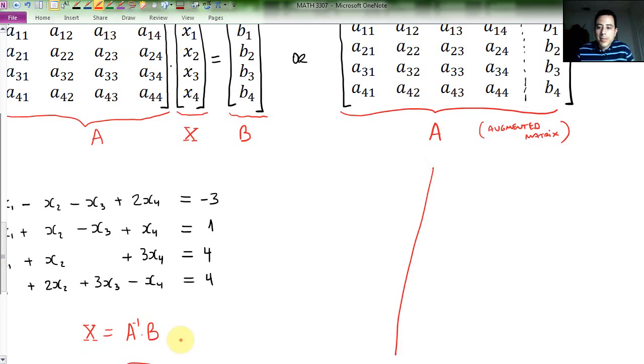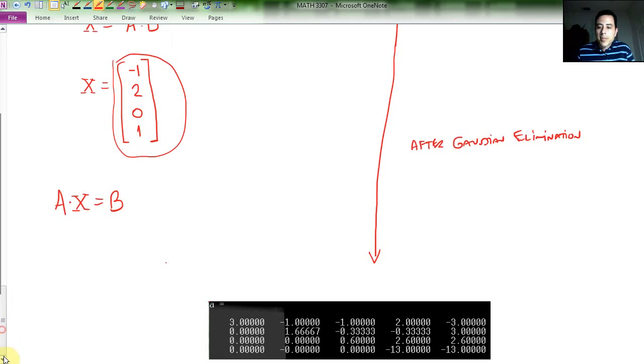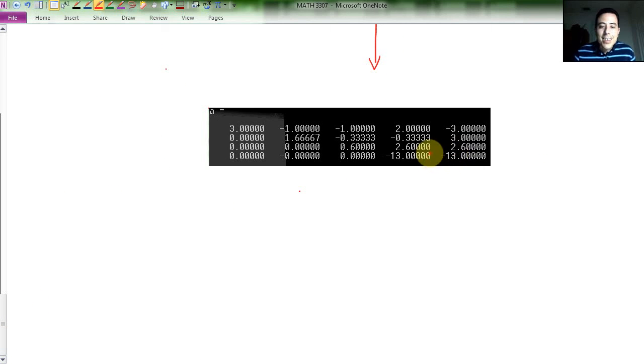So this is after Gaussian elimination. See, you can tell here that this is -13 x4 equals -13, and then 0.6 x3, right, plus 2.6 x4 equals 2.6, and so forth.